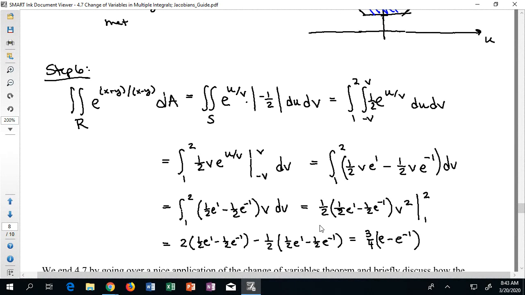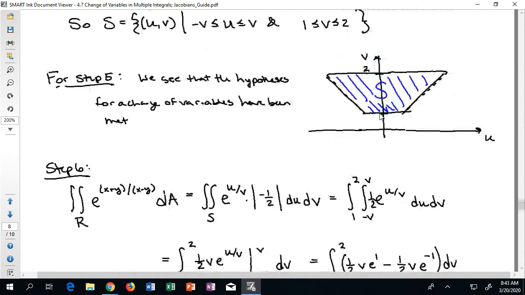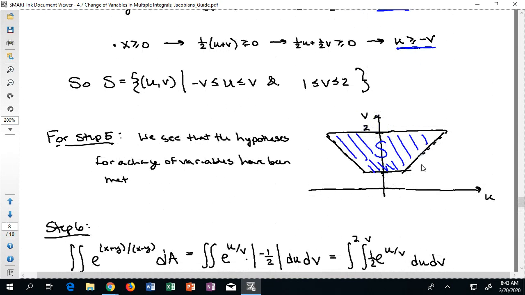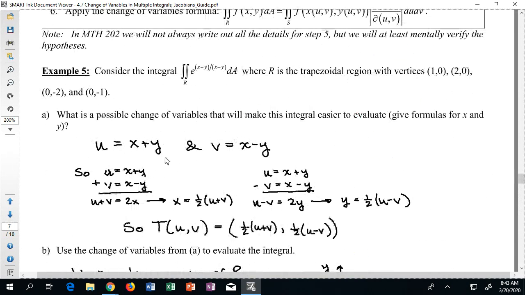As you can probably tell, doing this process of a full substitution is complicated. It takes a little while to get used to. There's a lot of different parts. Fortunately, the conversion part is the fairly simple portion. The hardest parts for you, the parts that will require your most practice, are going to be finding the region S and experimenting enough with enough problems to be able to guess what good values for u and v might actually be.